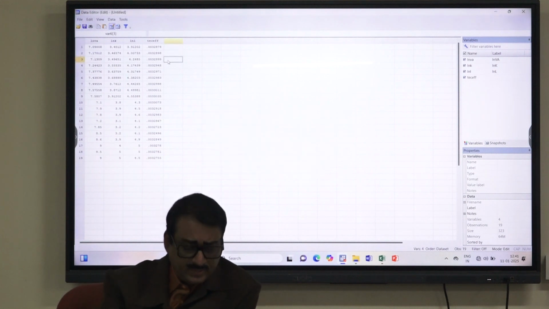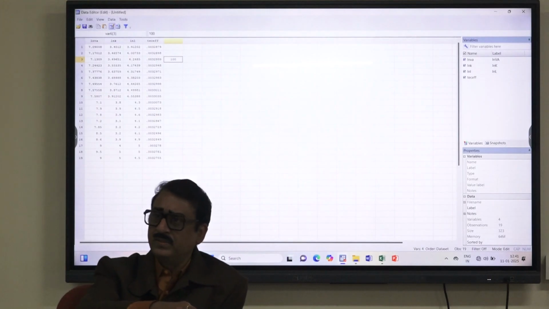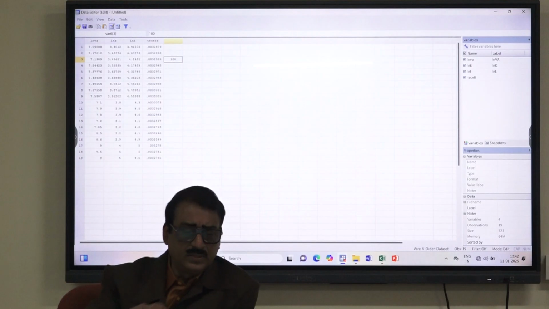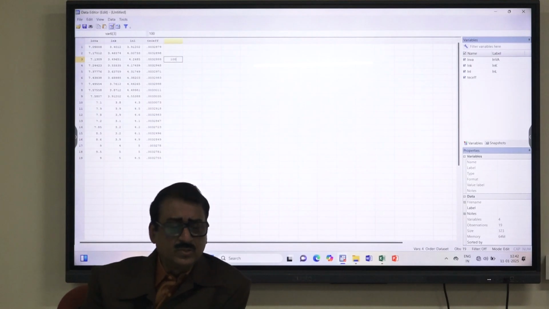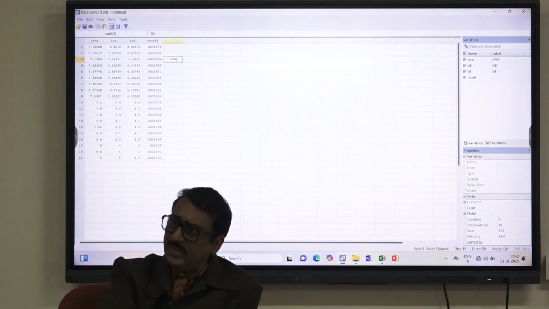If this is 100, I can accordingly figure out the other estimates. So the 0.00322879 will become how much? Less than 100, obviously. So I can essentially work out each of the values.